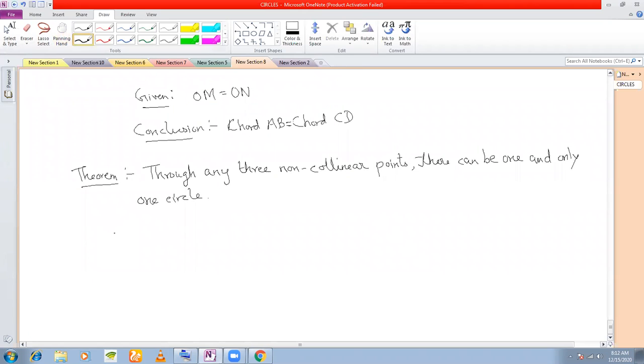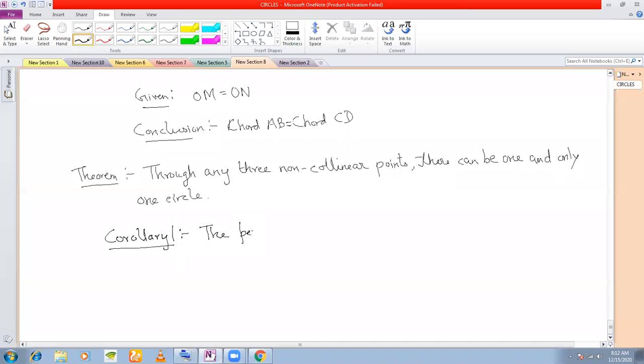The first deductions, we also call them the corollaries. So the first corollary of this theorem is that the perpendicular bisector of the chords of a circle always pass through its center.